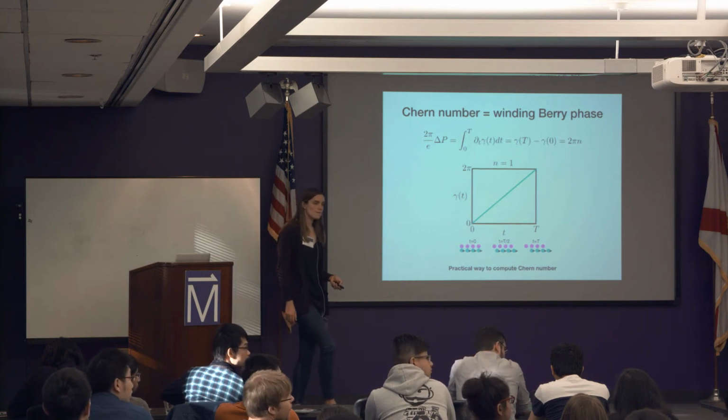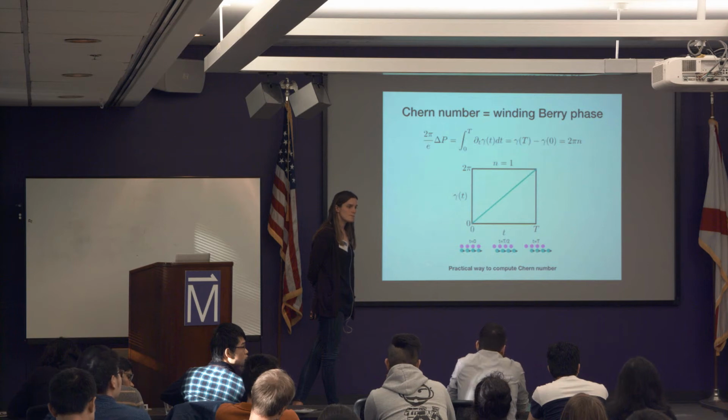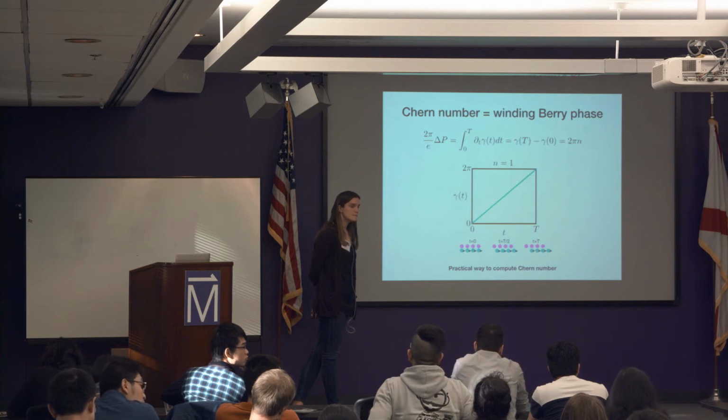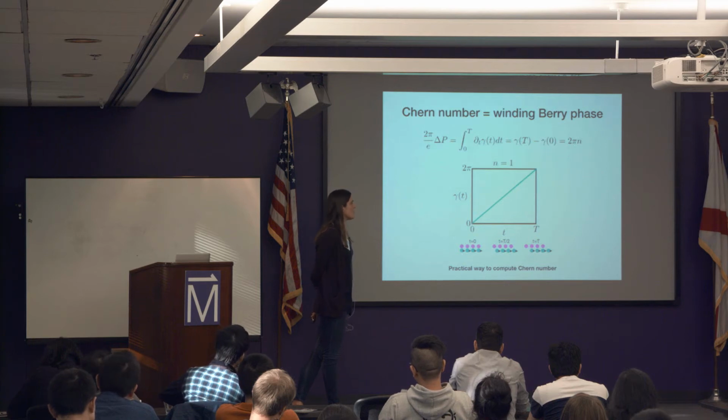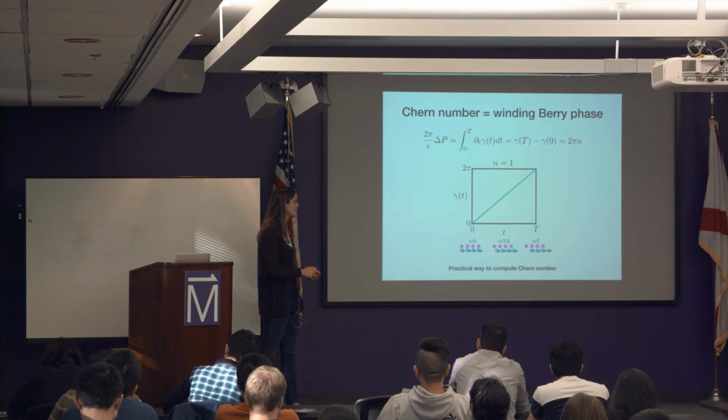Yeah, so if I look at this picture, I see that it does not depend on how quickly I do it. If I make the Hamiltonian time dependent and I do it very quickly, this picture will still hold. What can happen?